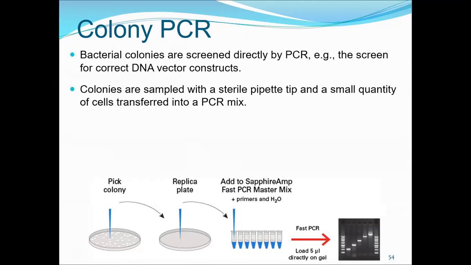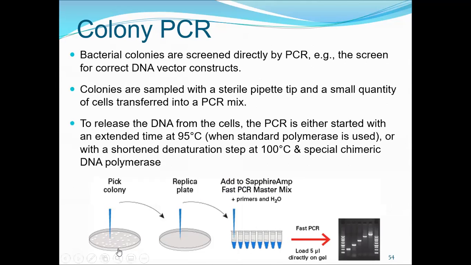Another simpler thing you can do is you take the colony and make a replica plate and use the same tip to add the colony directly into the PCR mix, and then do the PCR. And after running the gel, you can see the band for the positive transformants, because the primers are targeted towards the positive construct only.